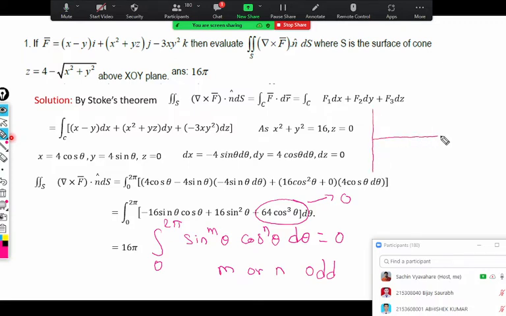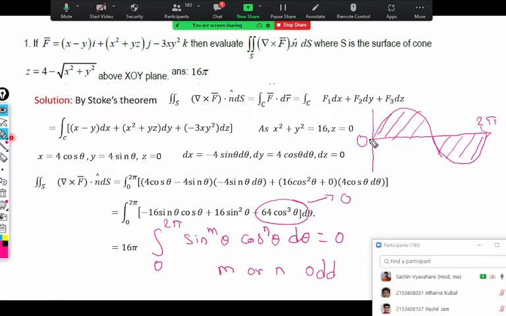See the graph of sine x on 0 to 2 pi. Can you observe something here? On 0 to 2 pi, the positive integral is equal to the negative integral. You will observe the net area under the curve is 0. Got it?